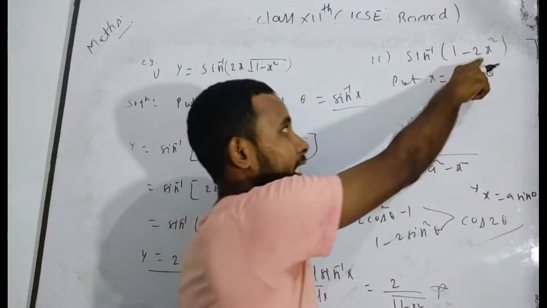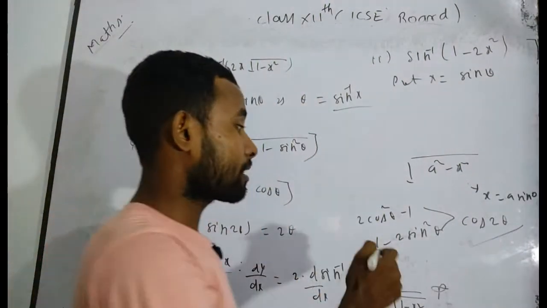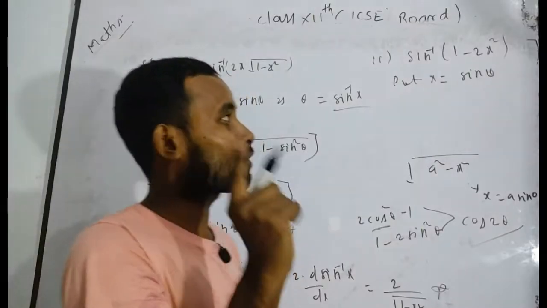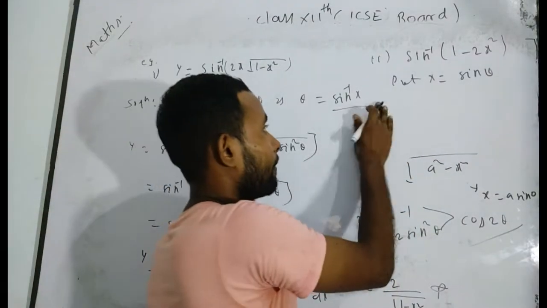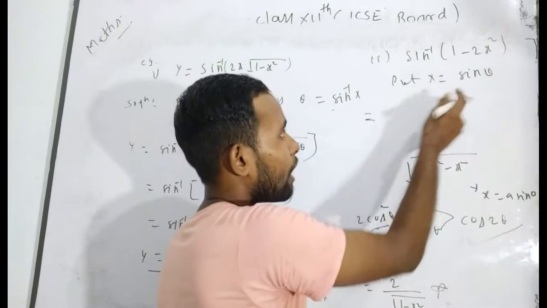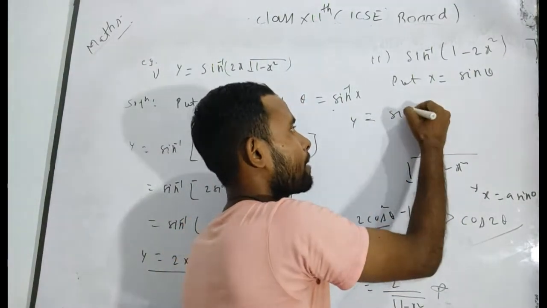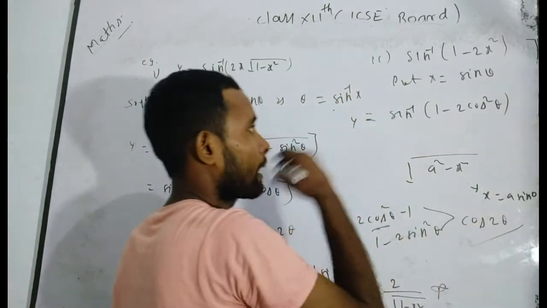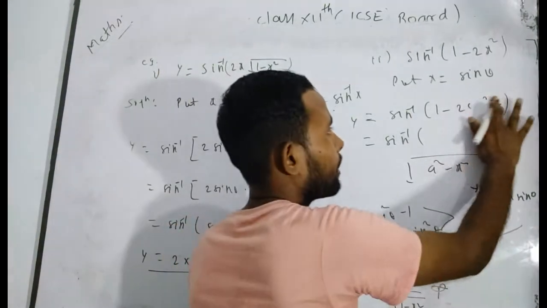If there is a 2x square here and there is a minus 1, then you will suppose cos theta. So that's why I am always telling you, you have to remember all those formulas that are relevant to trigonometric functions. Now if you put here x is equal to sin theta, it will be y is equal to sin inverse of 1 minus 2 sin square theta. I think you understand. Now, can you tell me, 1 minus 2 sin square theta.